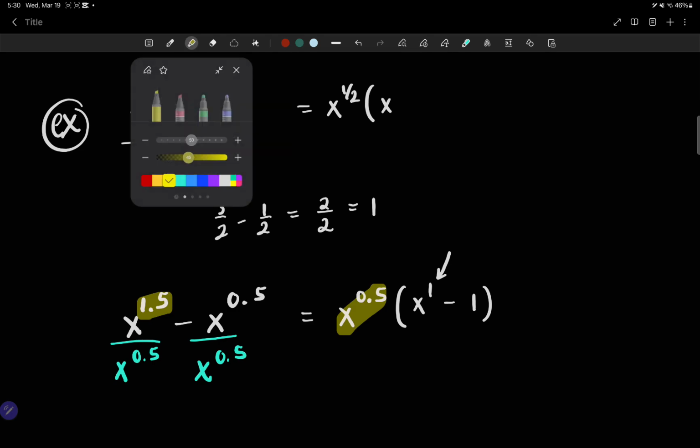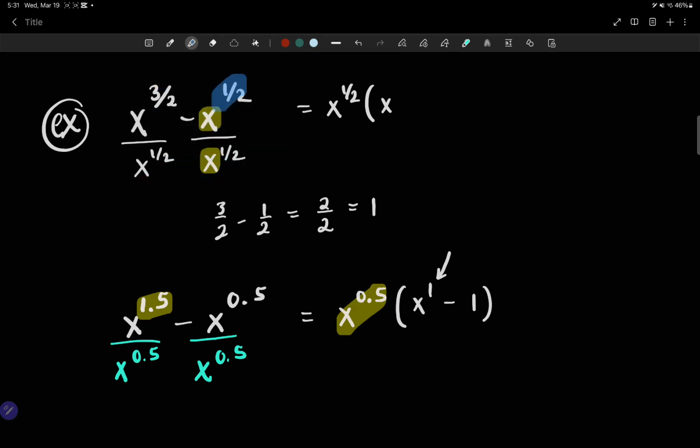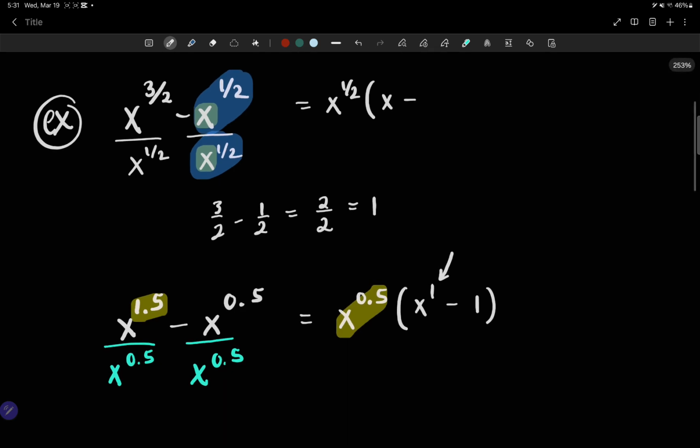And with this one right here, I have x to the 1/2 divided by itself. Yes, there's a negative, so it's a negative quantity divided by a positive quantity. We're just going to use the signs in front of those variables. But we have the minus, and then something divided by itself is always 1. So there is how you can factor out fractional exponents.